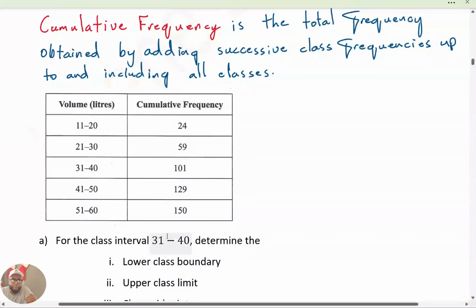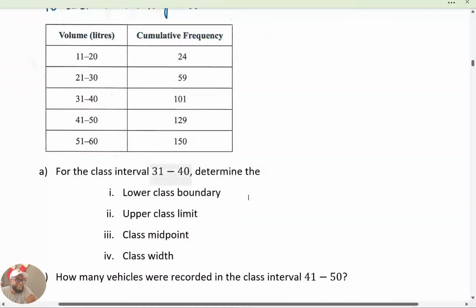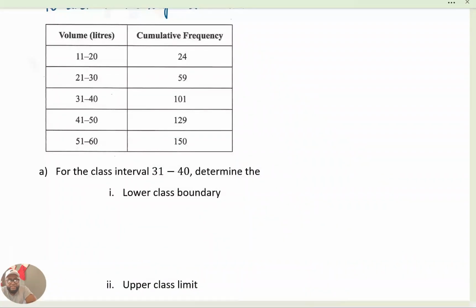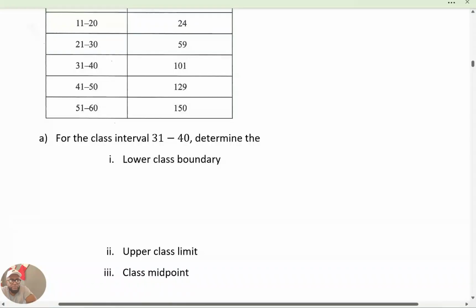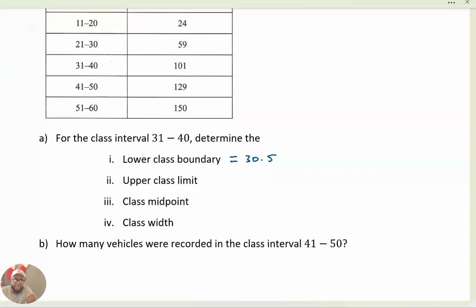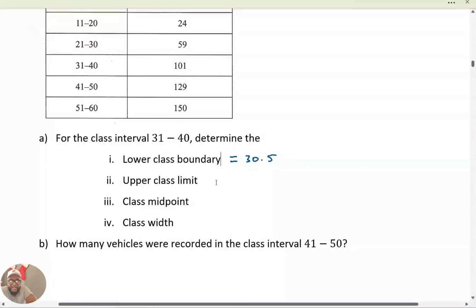Right, good. So for the class interval, this question is almost identical to the one we had above. They want the lower class boundary for this class interval. What is the lower class boundary? 30.5. Excellent. What is the upper class limit for that class interval?